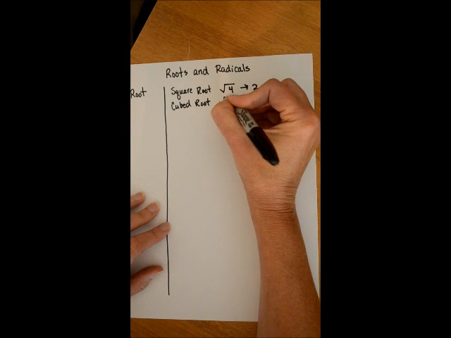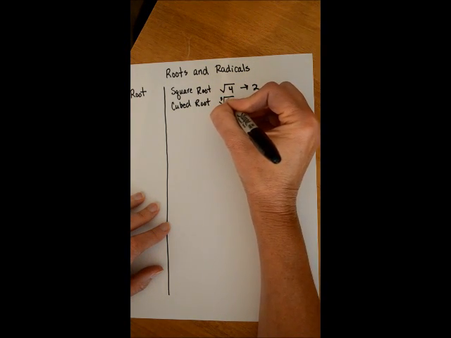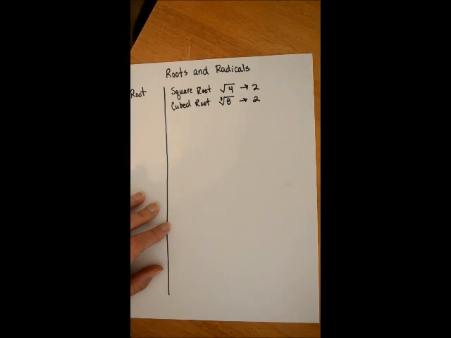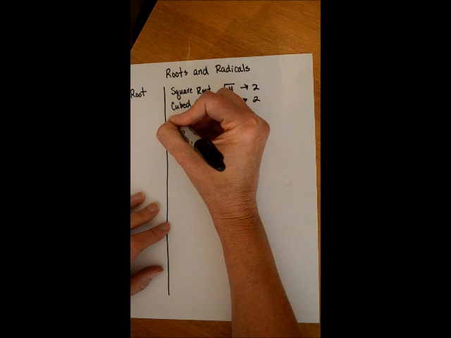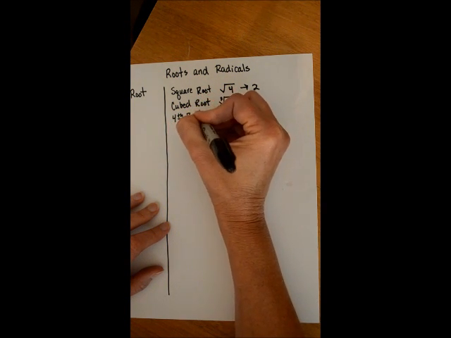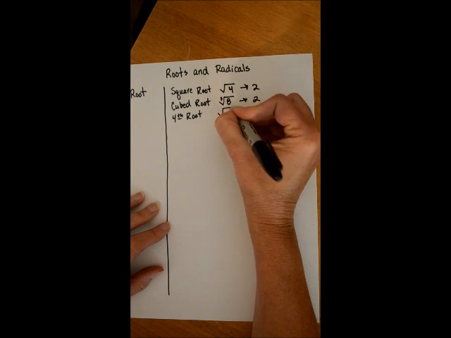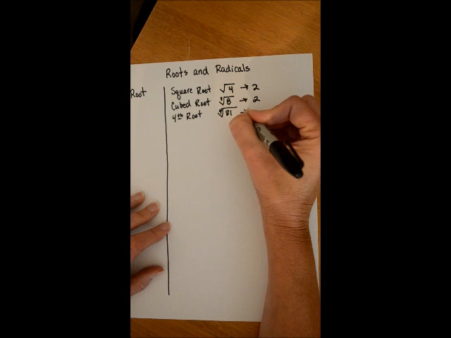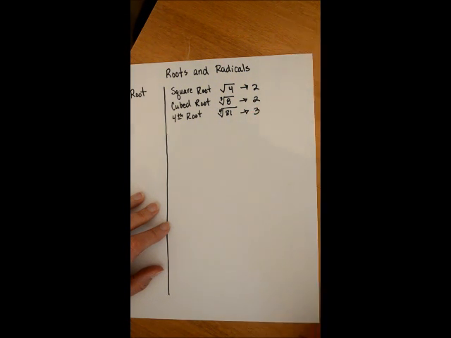Let's say cube root of 8. The cube root of 8 is also 2. We could be looking for a fourth root. Say the fourth root of, let's go to 81. The fourth root of 81 is 3.